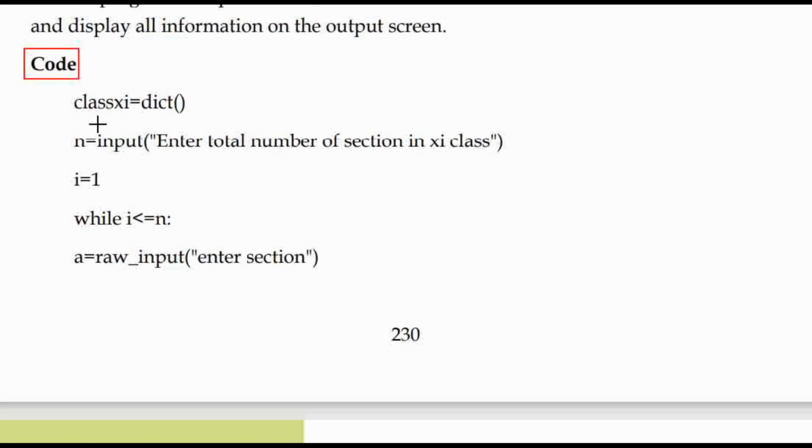Code: class xi equal to dictionary function. n equal to input, enter total number of sections in 11 class. I is equal to 1. While I less than or equal to n: A is equal to raw input, enter section.